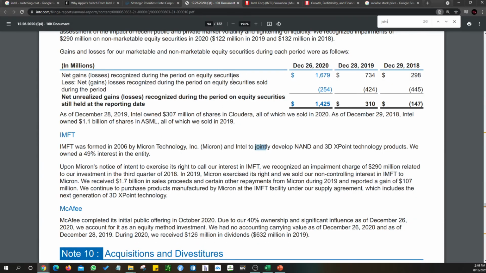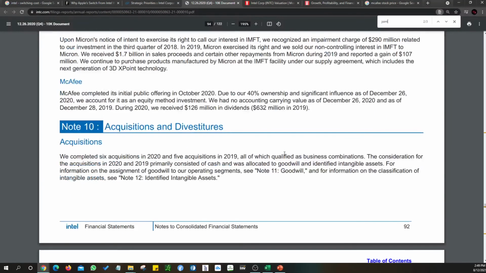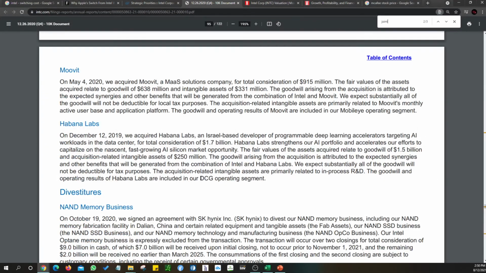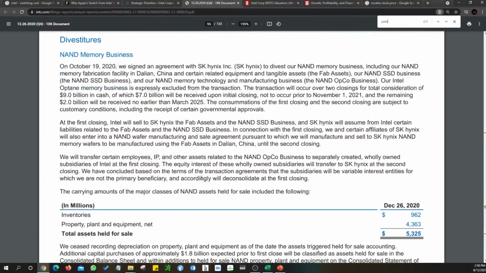You can check on my Facebook page for a report of whether it's undervalued, overvalued, or fair valued and so on. Right? What are the other companies? Okay, these acquisitions. So you can check on that.